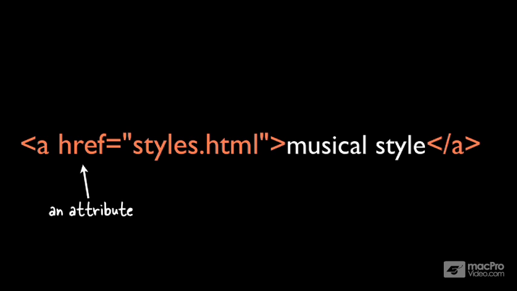It has an attribute. And an attribute is just a little extra information that we can provide with a beginning tag. And in this case, that information is an href. And all href stands for is hypertext reference. In other words, this is a reference to the place we're going to go when the user clicks or touches the link musical style. So now that we've got a little background on our anchor element, let's get it into our page and see how it works.